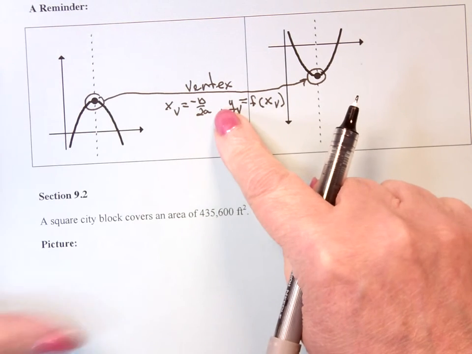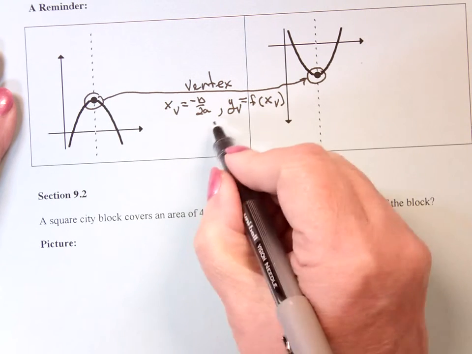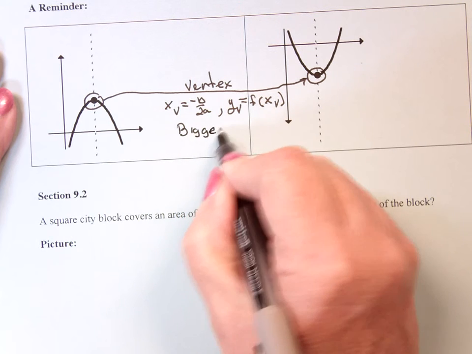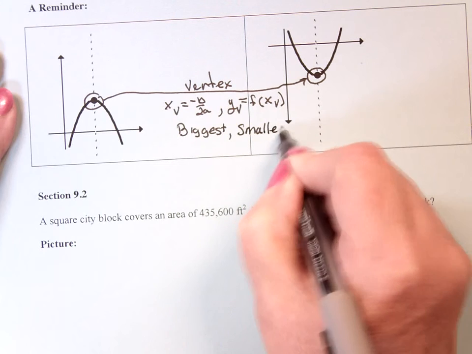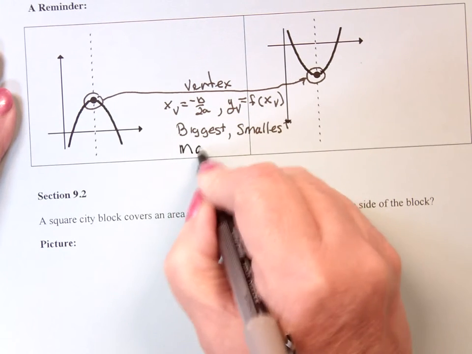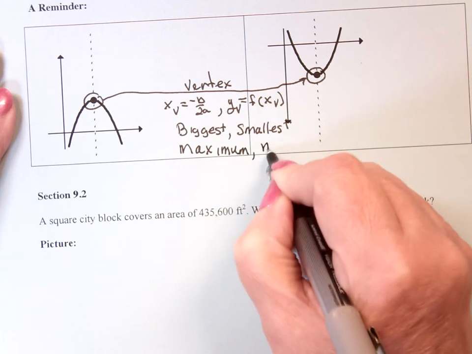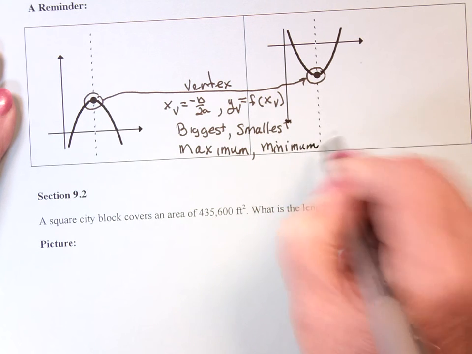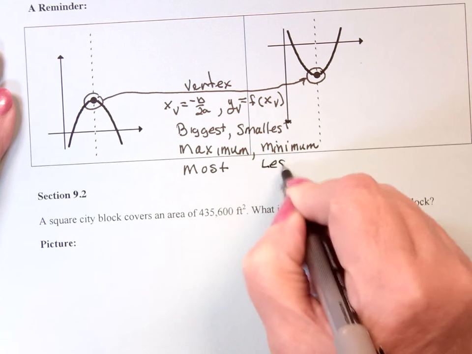So how do I know I'm looking for the vertex? Keywords would be find the biggest or the smallest, the maximum or the minimum, the most or the least.